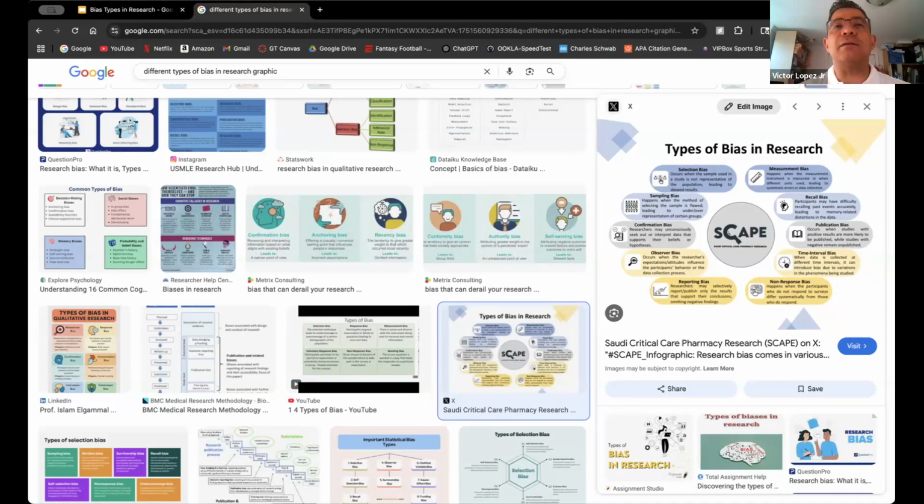So, like I said, I think that's a good one. The research bias, right? The observer bias, time interval bias. That's another thing.